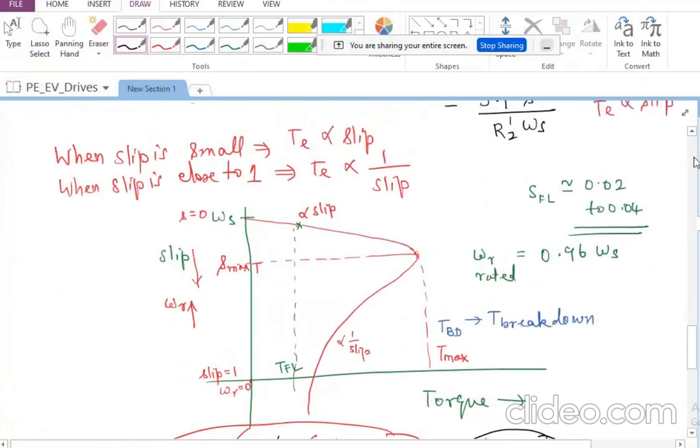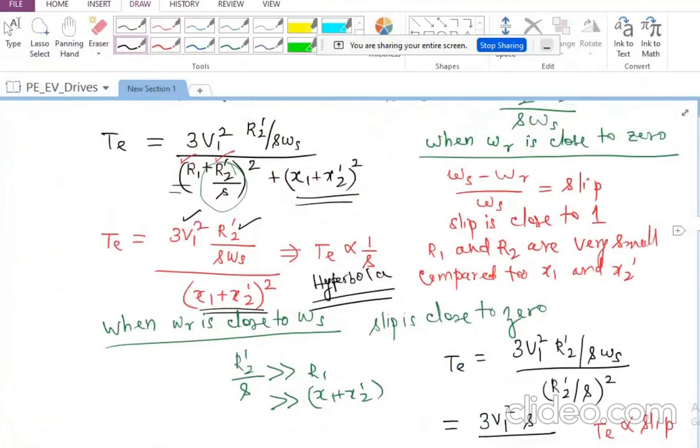Physically, if you want to really look at it, although the current is high, most of what R2 is dissipating goes away as real power, as heat dissipation. Hardly anything is converted into mechanical power.